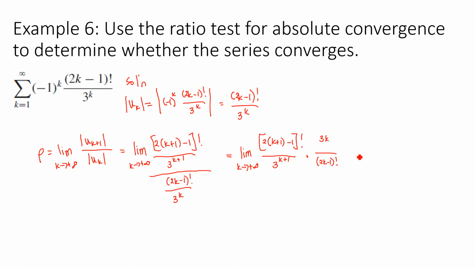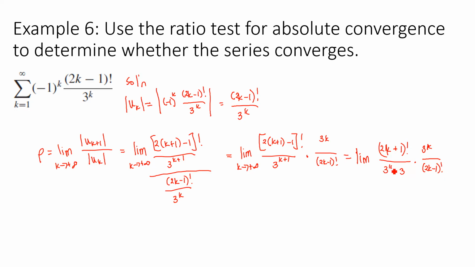Now we can simplify. You have the limit of the quantity 2k plus 2 minus 1, and 2 minus 1 is 1, factorial, over 3 raised to k times 3, multiplied by 3 raised to k over the quantity 2k minus 1 factorial.